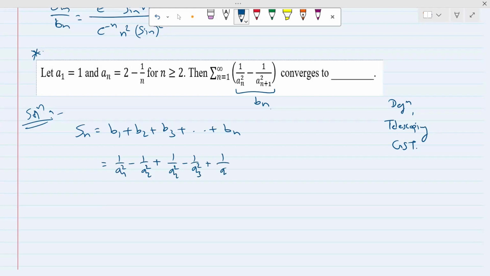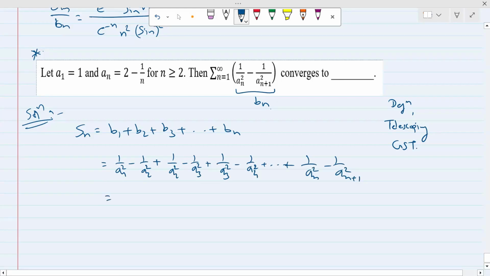B3 will be 1 by a3 square minus 1 by a4 square. The last term is 1 by an square minus 1 by a(n+1) square. So are there any terms getting cancelled? I hope you observe. All the in-between terms cancel, so we are left with 1 upon a1 square minus 1 upon a(n+1) square.